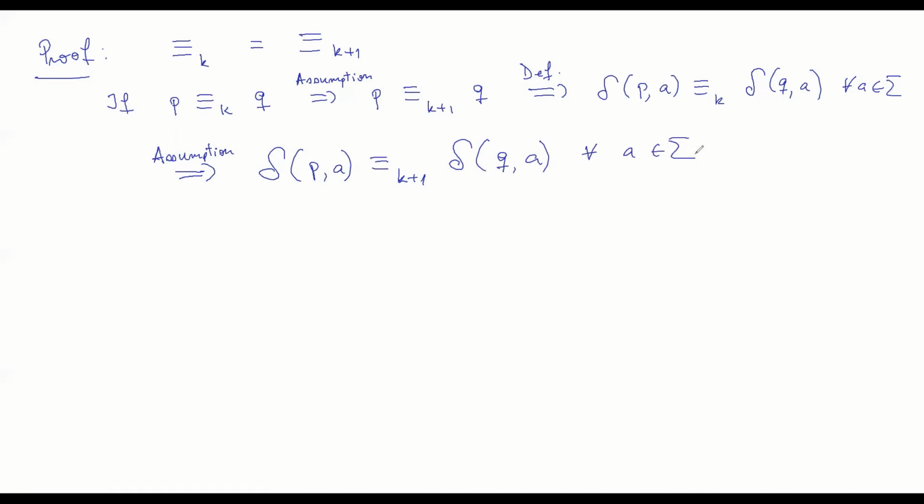And now if I think about the relation K plus 2, this implies right away that P and Q are in relation K plus 2. So what this means is really that this relation K plus 2 is all of a sudden the same as relation K. And now we can iterate the argument, and we see that you are always going back to this relation K. So the proof is concluded here.